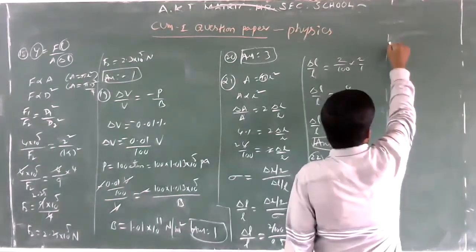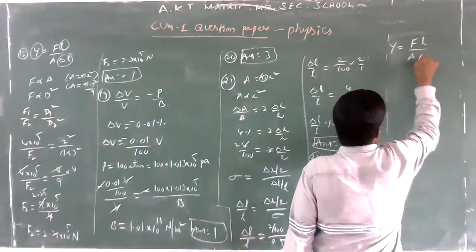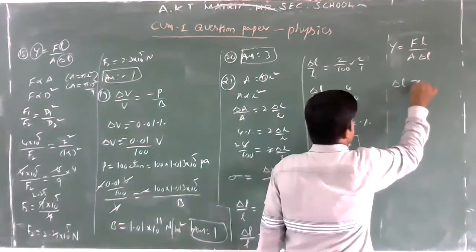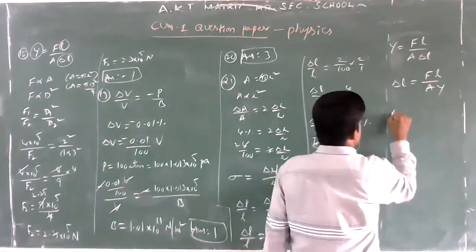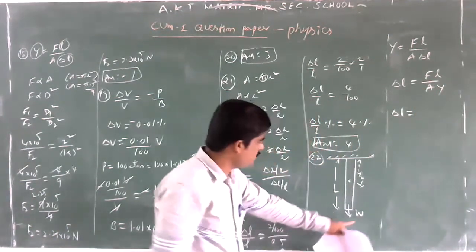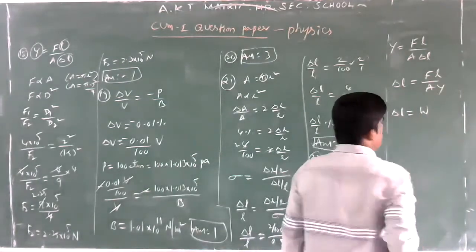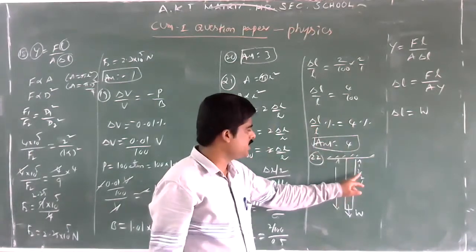So you know that Young's modulus Y is equal to FL by A into delta L. Here we want delta L is equal to FL by A into Y. Force applied will be equal to its weight, so F is equal to W. At what distance from the fixed end is the center of mass located? L by 2.